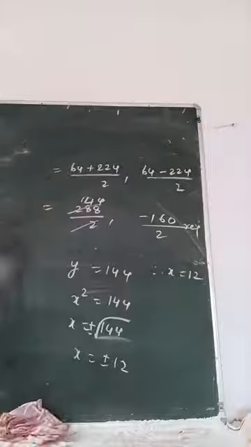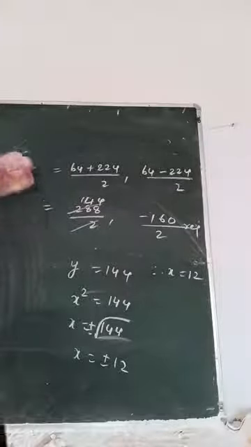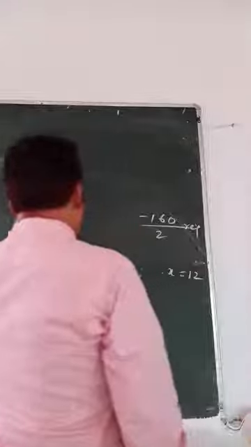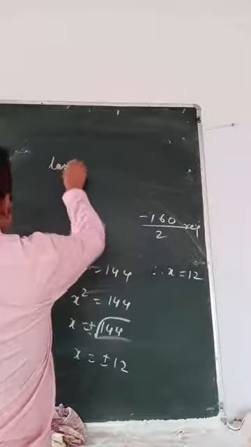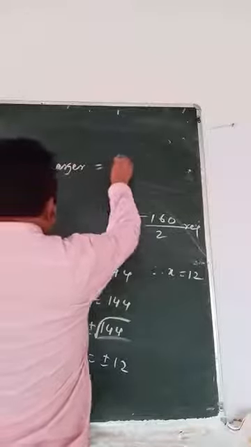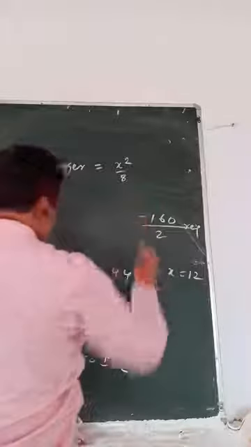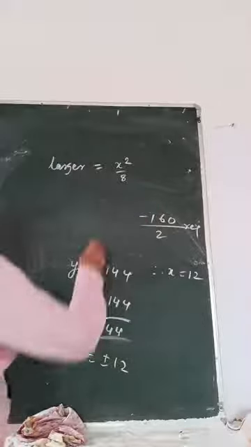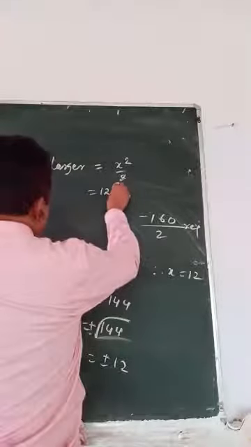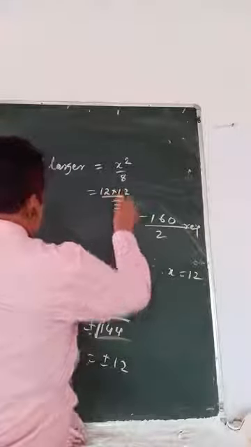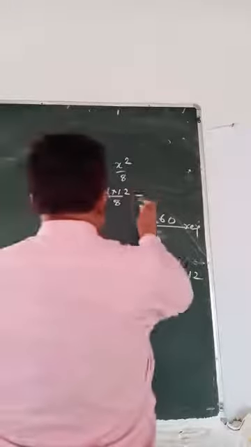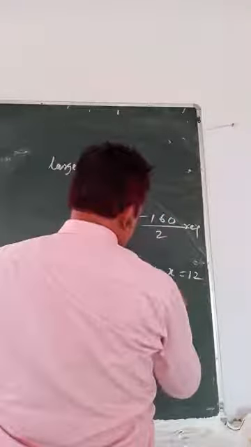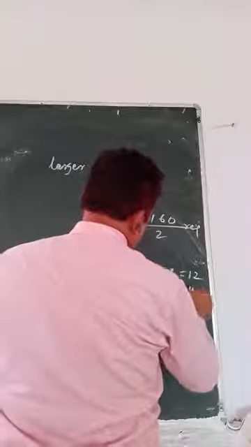What is the larger number? x square by 8. The larger is x square by 8, which means 12 into 12 by 8, where the smaller is 12.